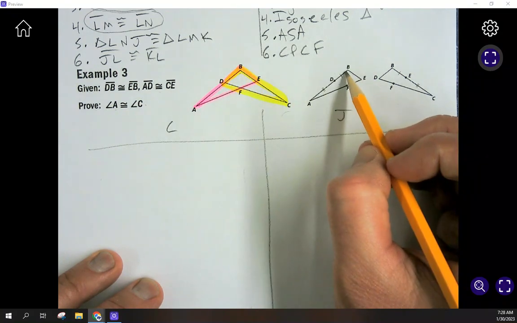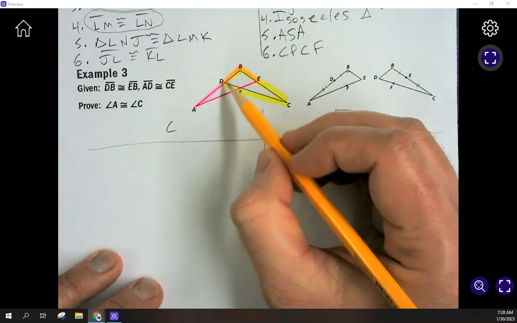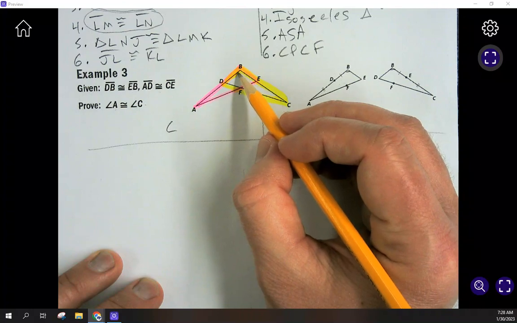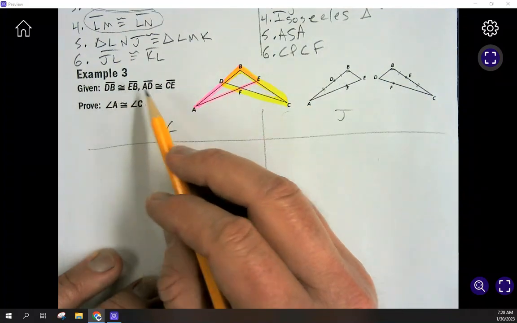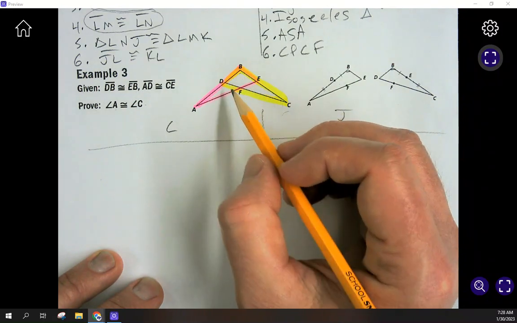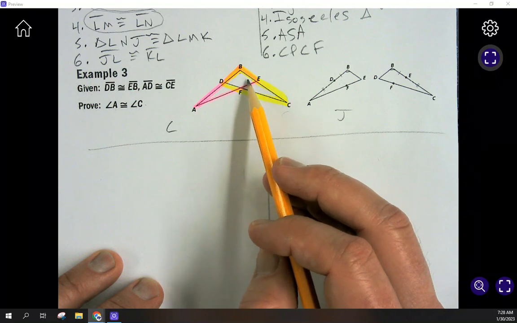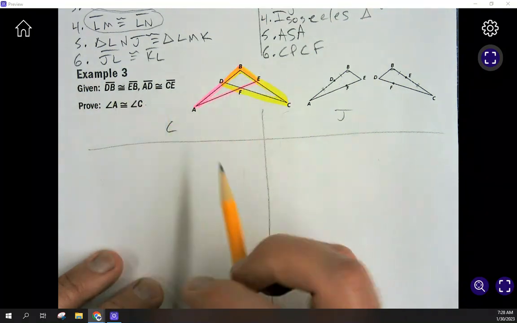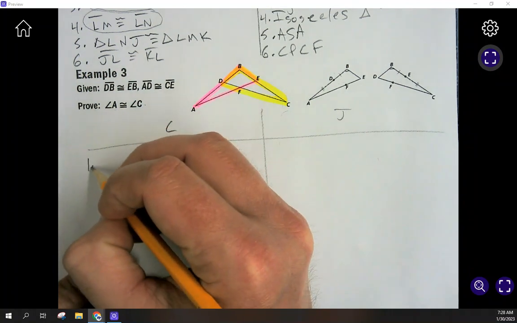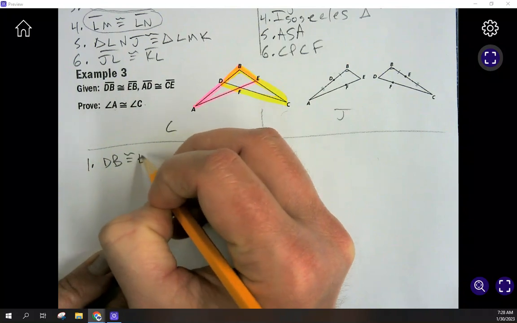Angle B is up here in the top of the pink one, and angle B is also up here and part of the yellow one. So we'll be able to use the reflexive there because that's not part of our given. But in terms of these overlapping sides, we don't have any full sides completely overlapped. But take a look at what is given to us, and then we can start to make some assumptions here. So first of all, DB is congruent to EB.